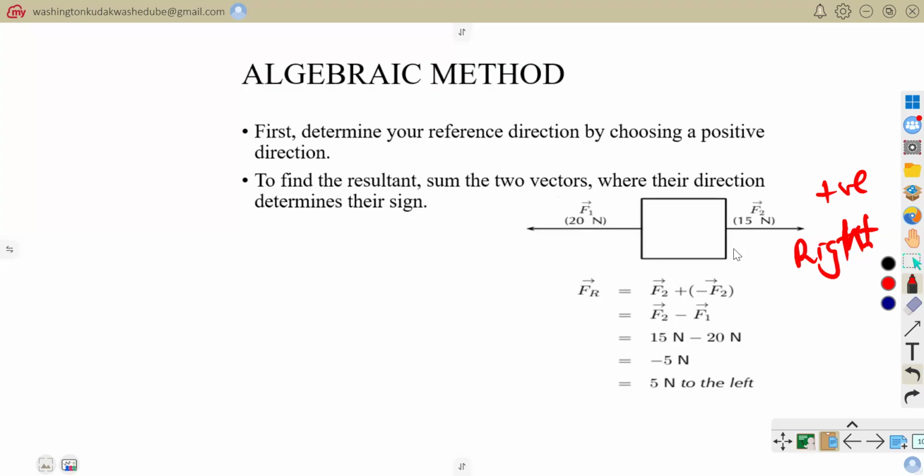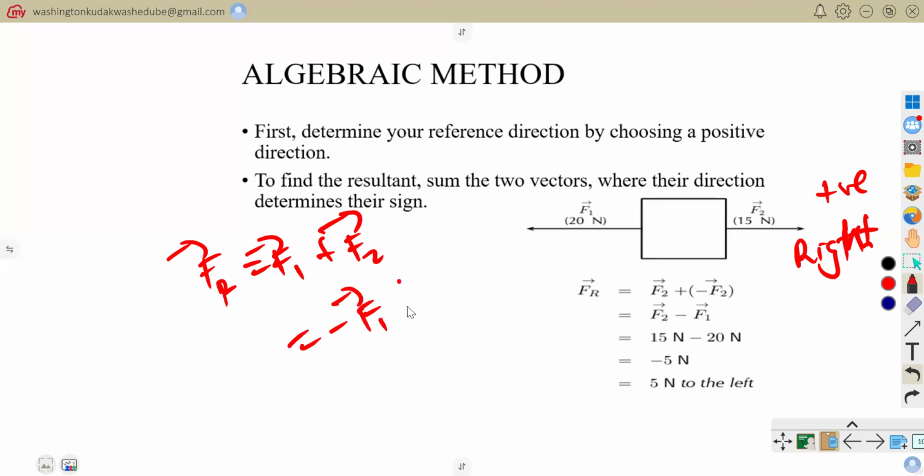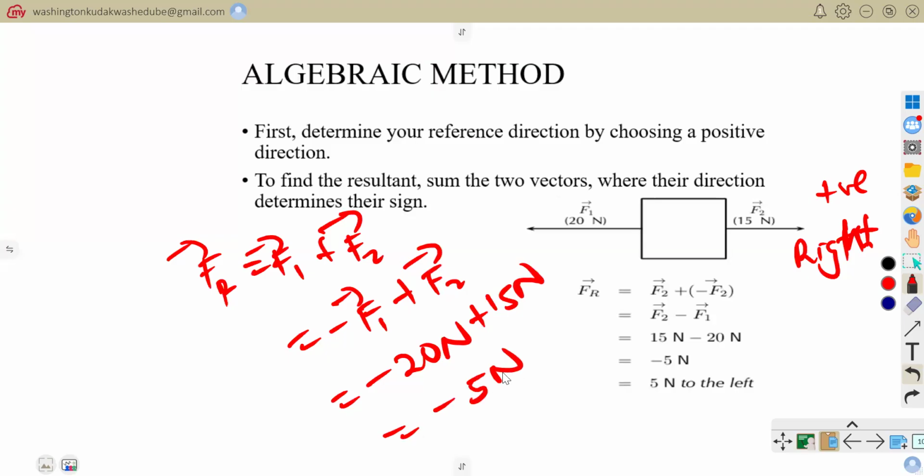So they came and said F resultant is equal to F1 plus F2. F1 is negative and F2 is positive, so they said negative 20 Newtons plus positive 15. And then they found negative 5 Newtons. But because they already chose the left-hand side to be negative, it simply means that my resultant is 5 Newtons left. Because that is how I defined my direction.